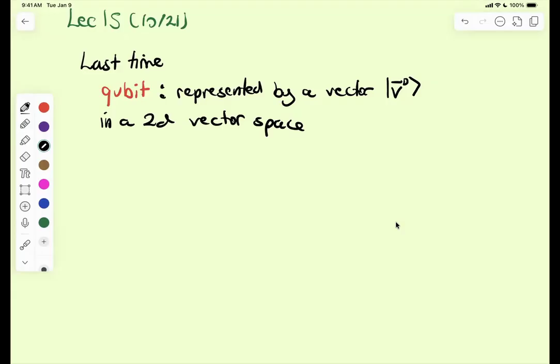And because it's in a two-dimensional vector space, we can write it as a linear combination of a basis, right? The usual basis is related to this spin up and down thing that I mentioned before. So you can write it as a linear combination of the basis vectors.